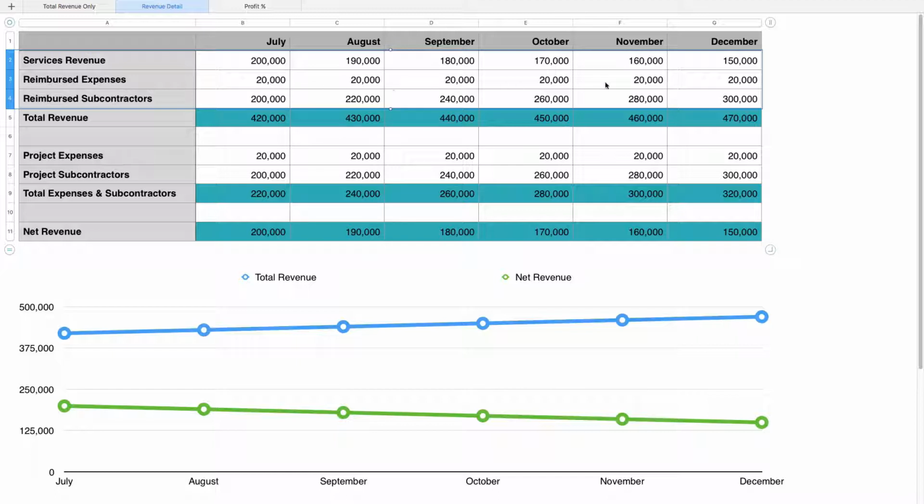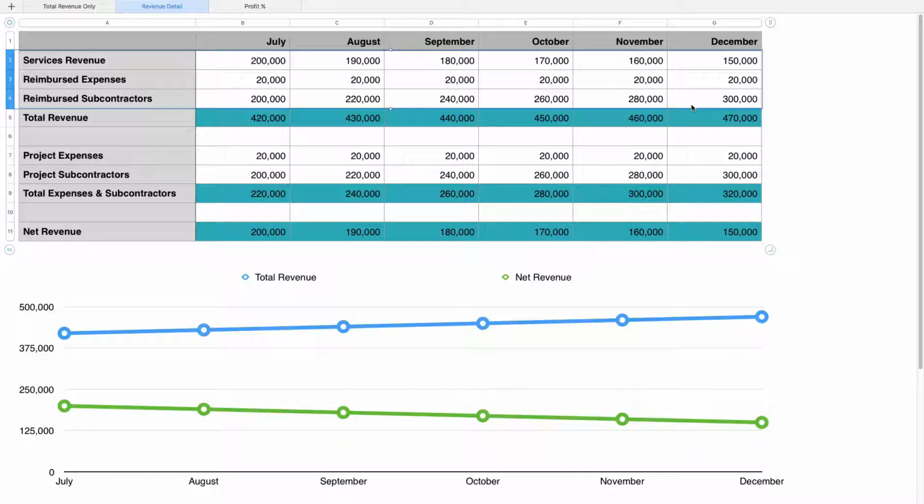Reimbursed expense revenue is consistent across periods, and reimbursed subcontractors is increasing significantly over time. So we can explain this by we must have picked up a new contract, and that contract has scaling subcontractors and significant subcontractor costs every month.